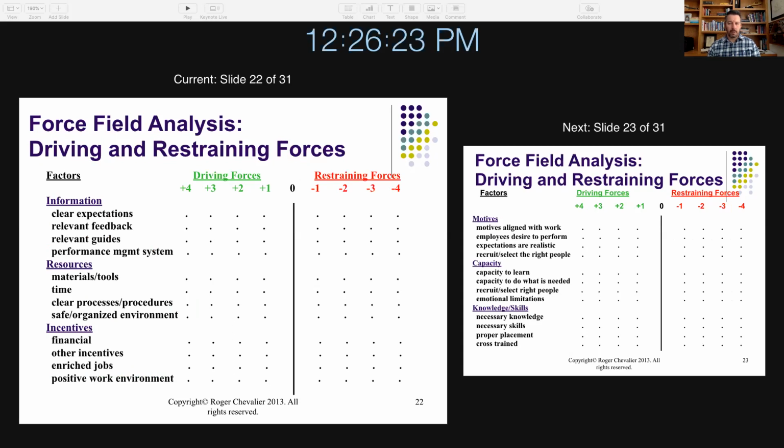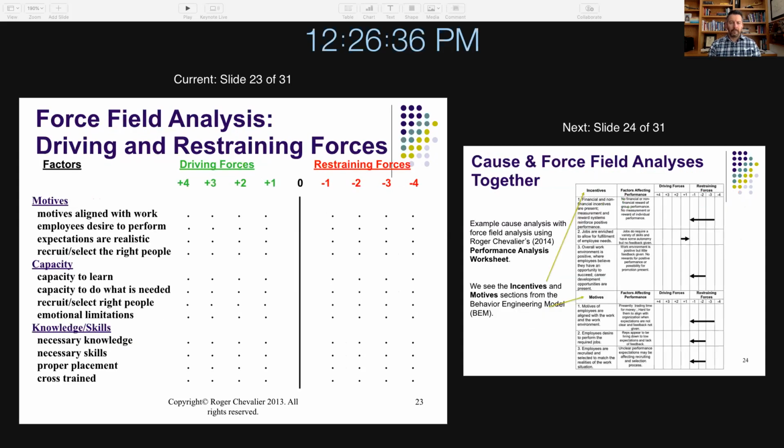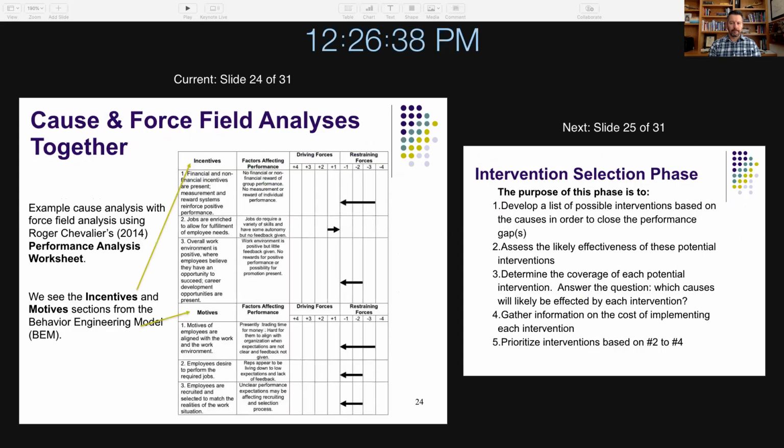That would all be under information. And then each one of those has a line or a row where you can draw a driving or restraining force. Here's the other 3. This is what it looks like in a table format.